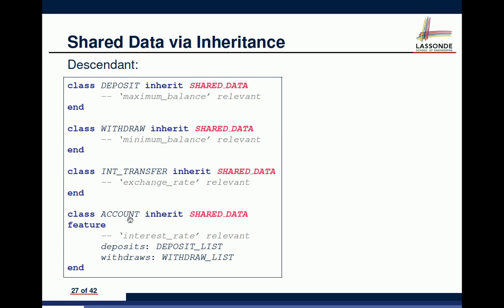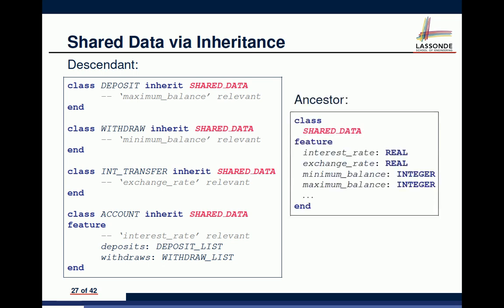Every one of them has a different set of data they worry about. And this is the class called shared data, which contains the union of all the data for the bank transactions. So for the shared data, we have interest rate, exchange rate, minimum balance, and maximum balance. Now, the question is, what is the problem with this?